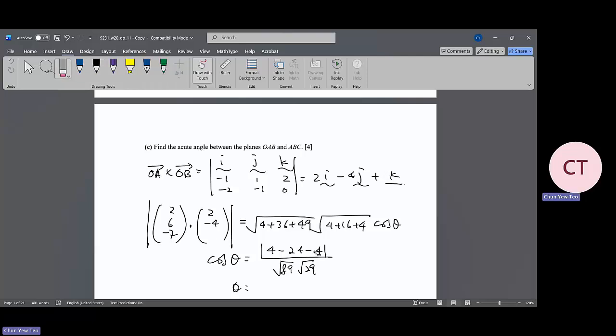My apologies. This will give you a 3, then this will give you a 9. So this is 21. Okay, so just press the calculator, then you can get the answer in 1 decimal place. Done. This is the answer for number 4C.